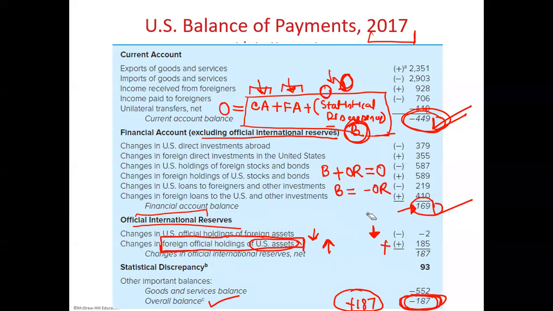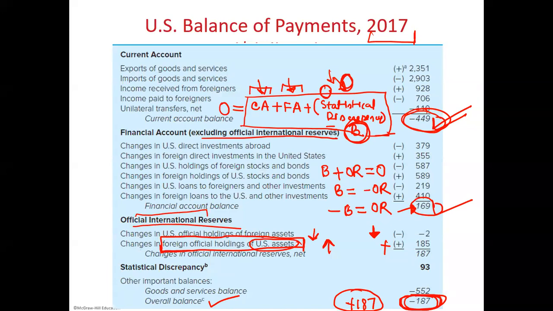And if you see that the overall balance is in deficit, it looks like this. What should you see? The net balance of the official reserve is a positive amount.